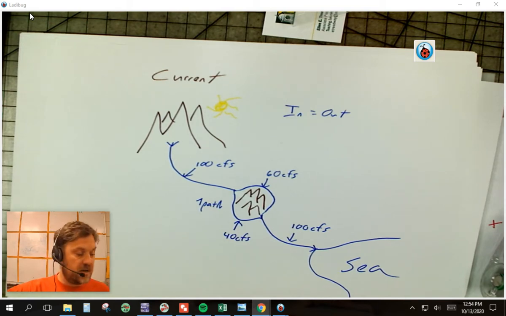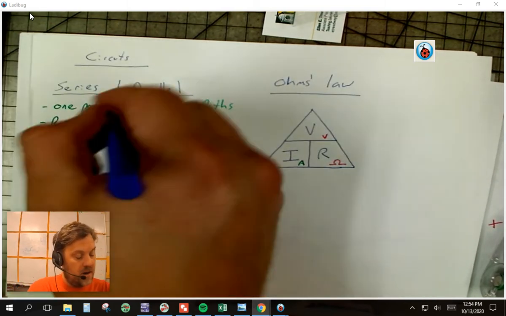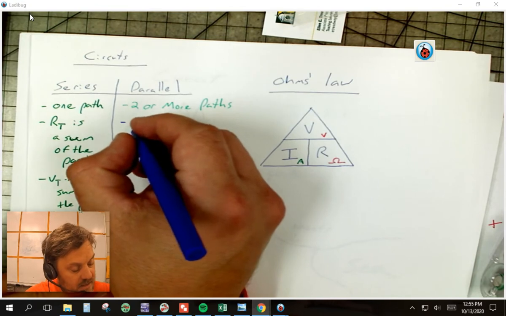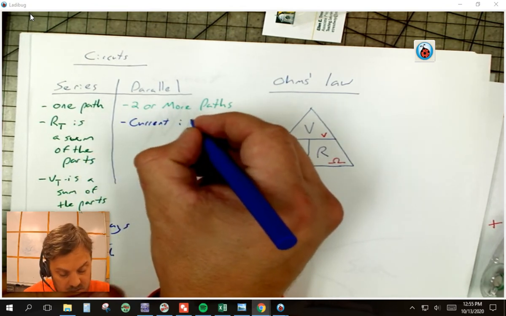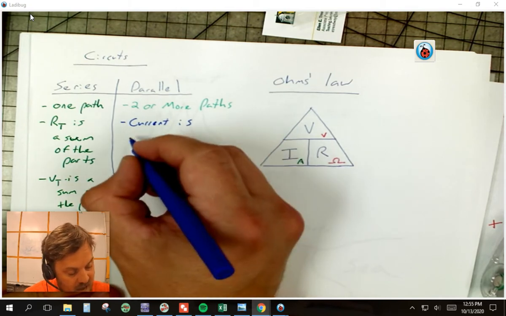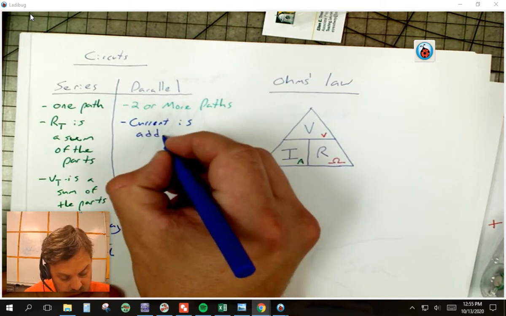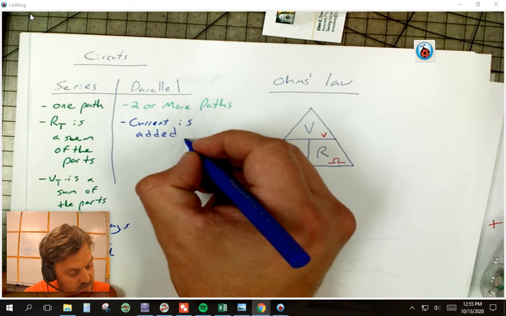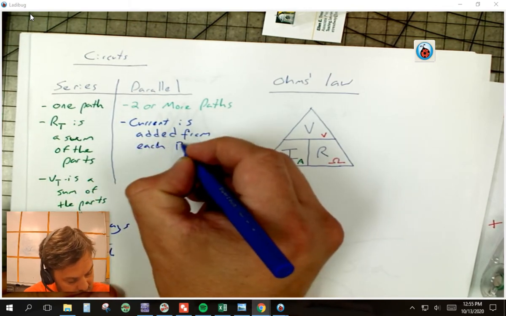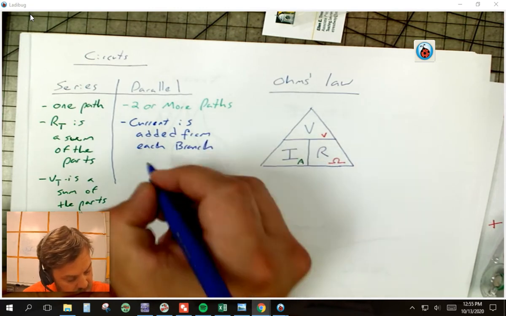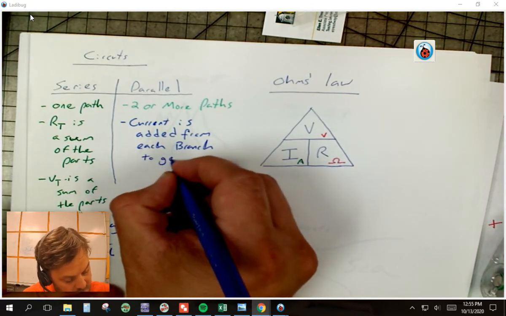So going back to my sheet here, over on the parallel side, I can say that current is added from each branch to get total.